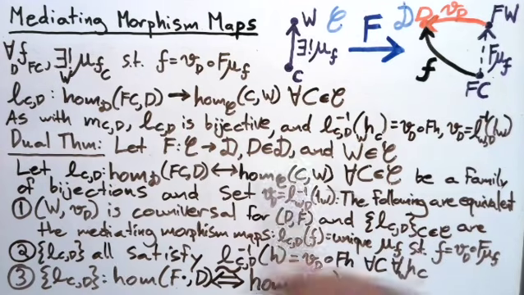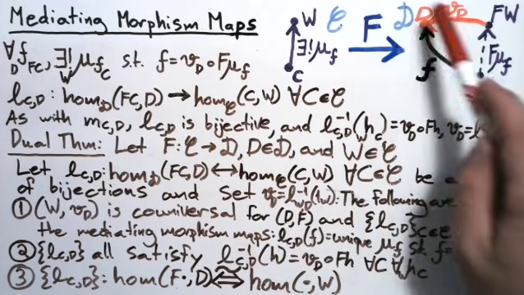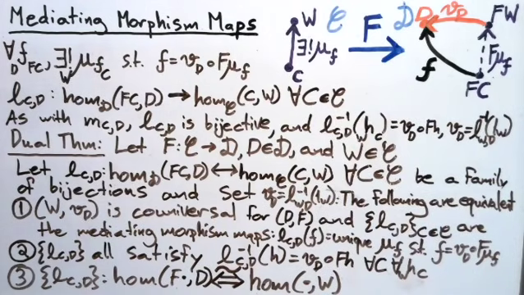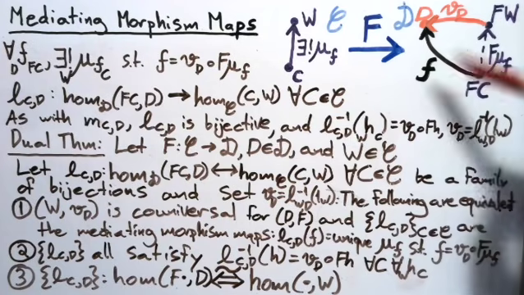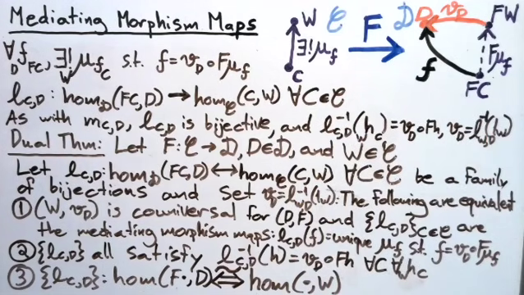So if you want, you can prove these three statements just to check, but once we have that in place, we can basically state the dual of the theorem that we just proved for the universal case. So if there's a functor F going from C to D, D is some fixed object in D, and W is some fixed object in C, then let LCD, going from the home set from FC into D into the home set from C to W for every C in C, be a family of bijections, and we set VD to be equal to what we set up here.